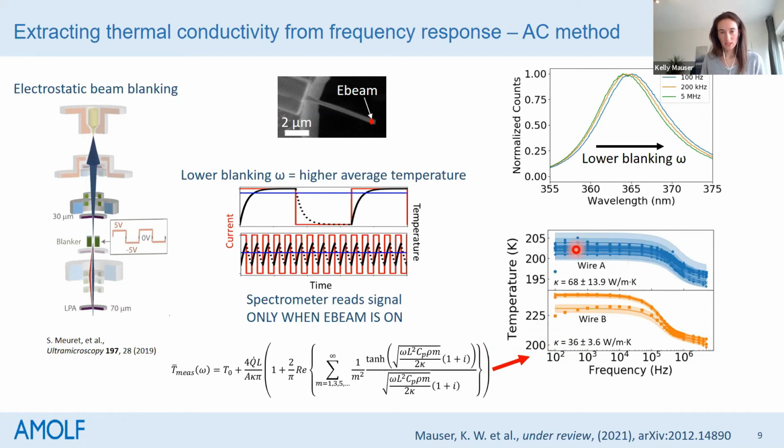So we fit the data with this function, and we can extract the thermal conductivity in this way. And the nice thing about this fit is that we don't need to know anything about the heat input into the wire, because that fit is not correlated at all with the thermal conductivity we extract.